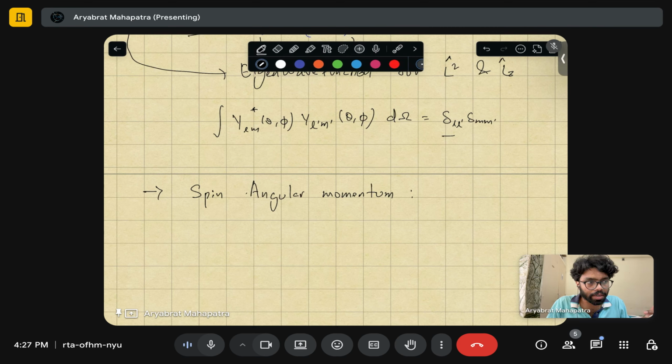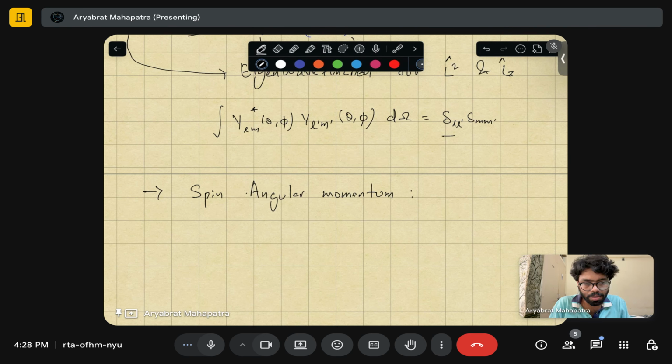So every quantum particle is associated with a spin. For example, when we define any particle classically, we assign some particular properties to that point particle, like its mass and what energy it has.